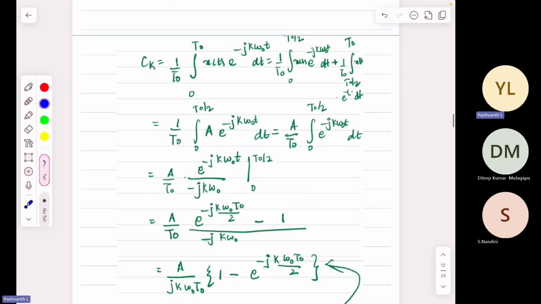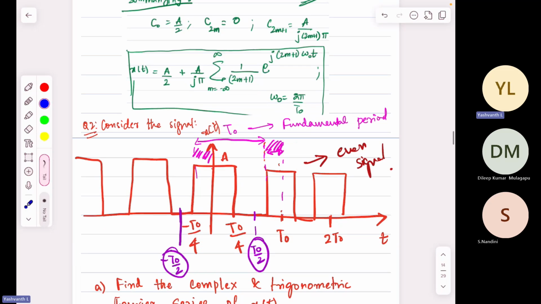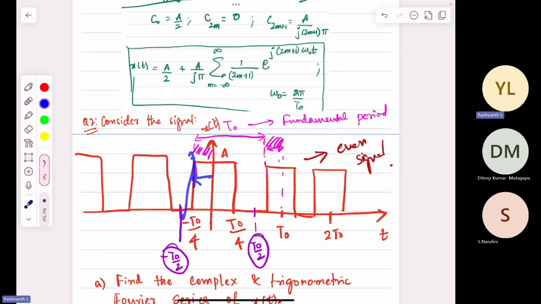But in this signal, I have slightly shifted the rising edge by an amount T naught by 4. Now, if you look at this signal, it's an even signal.